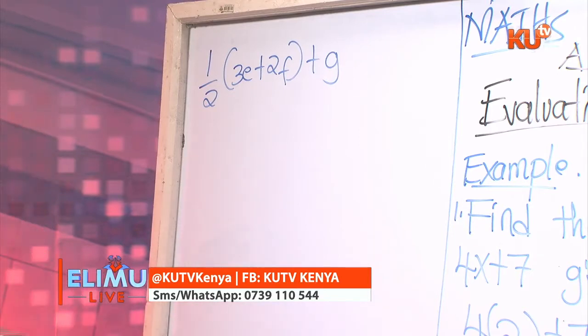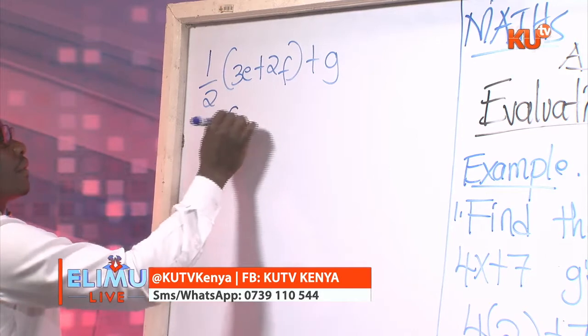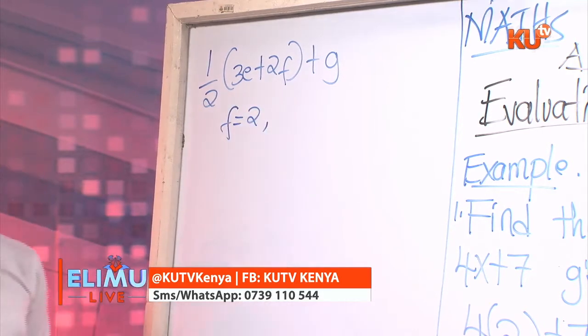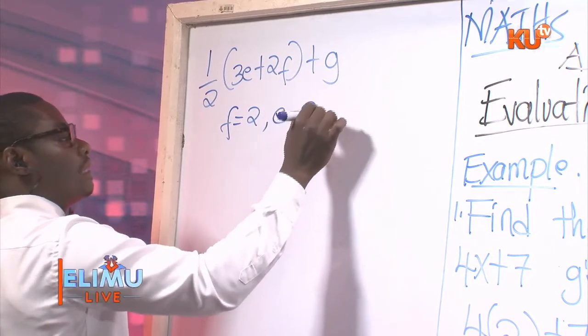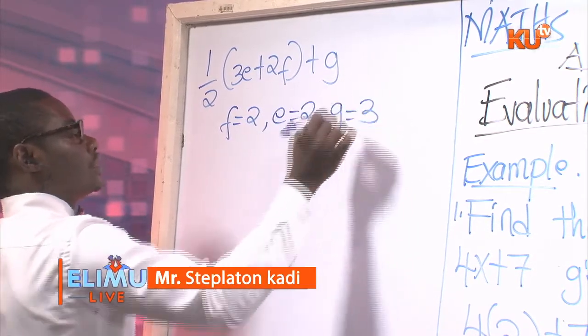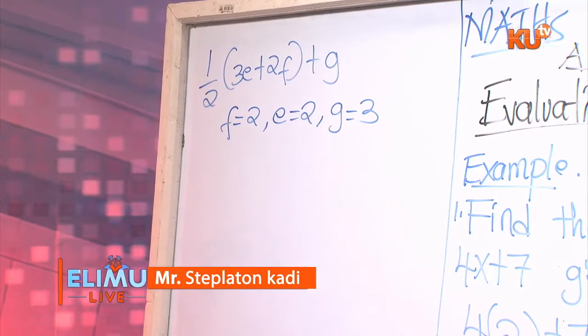So given that f is equals to 2, e is equals to 2, and g is equals to 3. So we need to solve this.